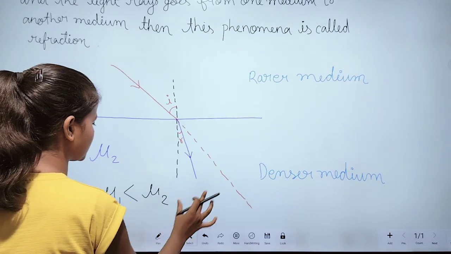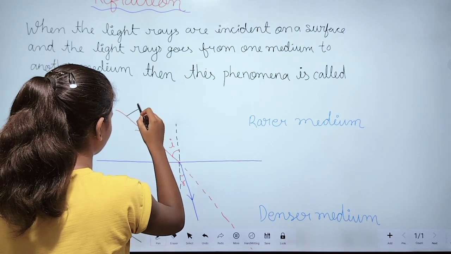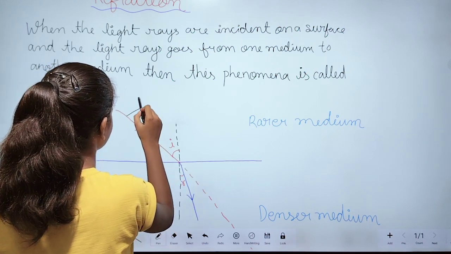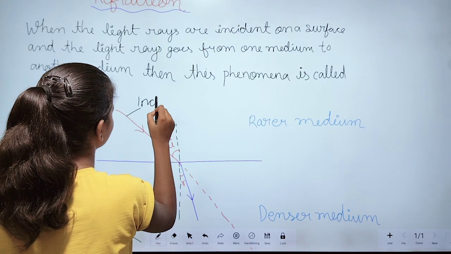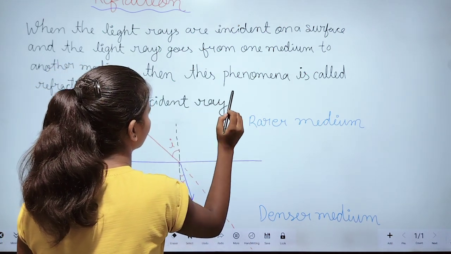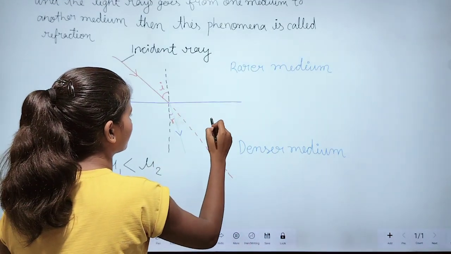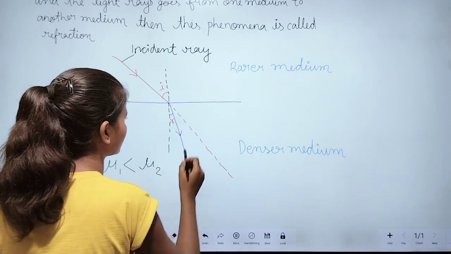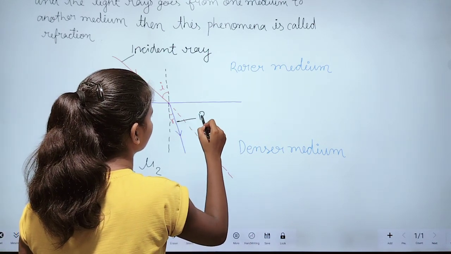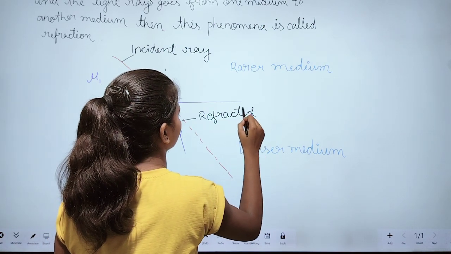This line is our incident ray, and this one is our refracted ray.